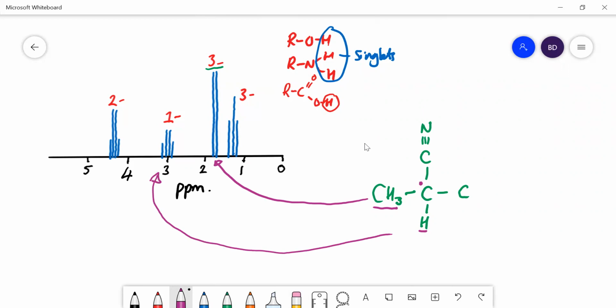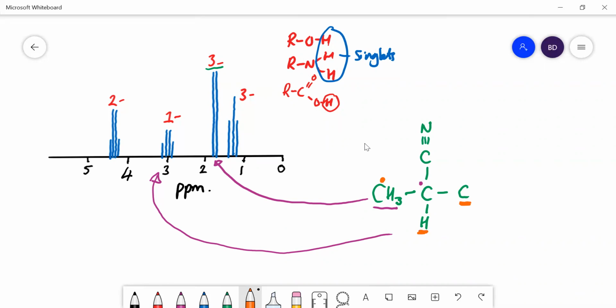Now, would that be a quartet, how we've got it set up? Well, it would be, because if you look at this carbon here, the carbon it's attached to is attached to 3 hydrogens. So that would give you a quartet, as long as, and this is important, this carbon can't have any hydrogens attached to it, because if it did, this hydrogen would be more than a quartet.